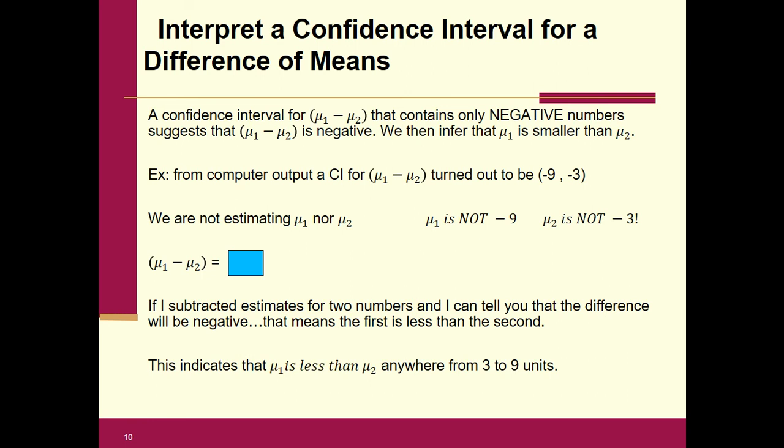And this indicates that mu1 is less than mu2 anywhere from 3 to 9 units. Or if you will, mu2 is greater than mu1 anywhere from 3 to 9 units. And I said that right. Once you use the word less than or greater than, you can drop the sign. Just kind of trust me on that. Okay. So hopefully that makes sense to you. Okay. Let's move on.